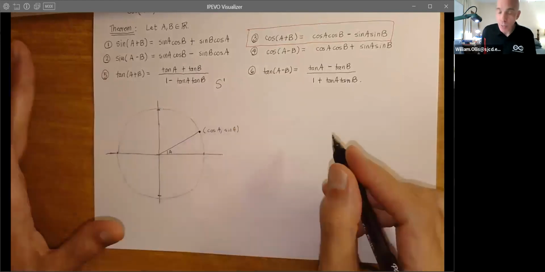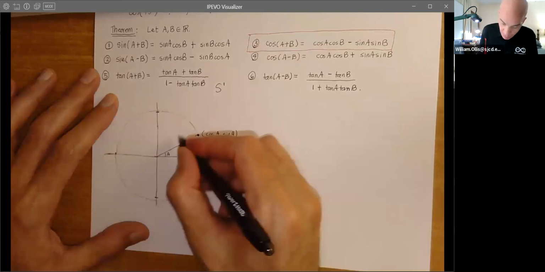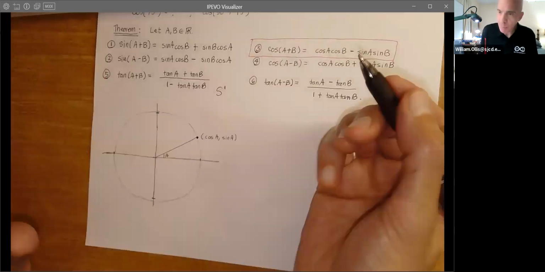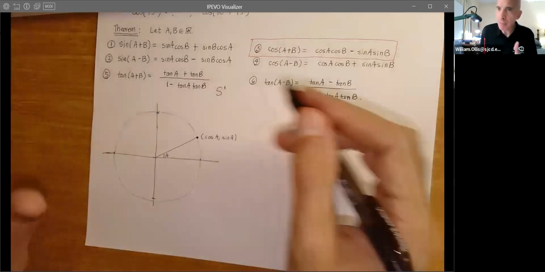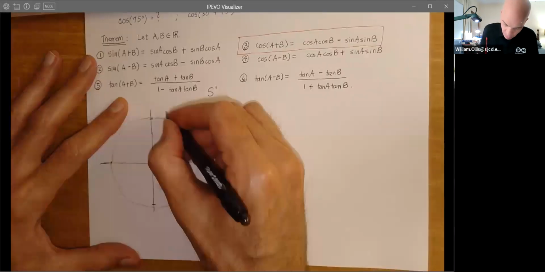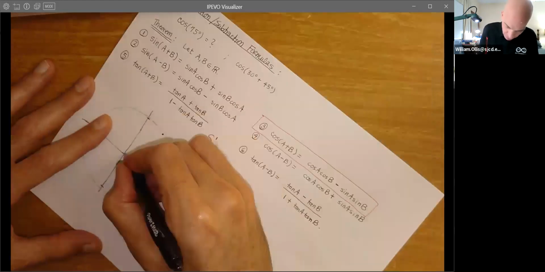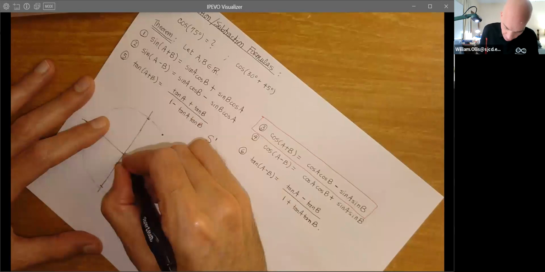Now what I want to do is mark off an angle B. So we'll make it larger. We could be the same size, but let's make it bigger, just so again we appeal to the visual. So we'll draw another angle, and then we'll end up somewhere over here when we add them up.